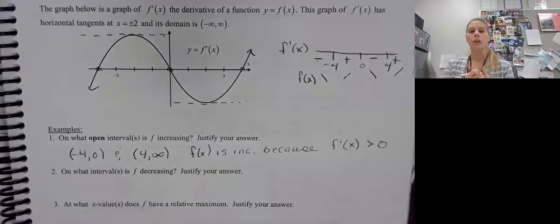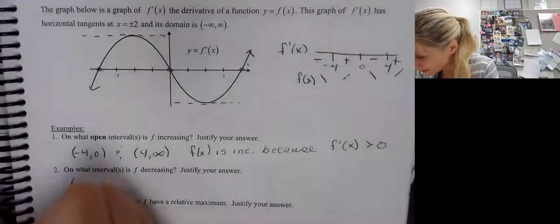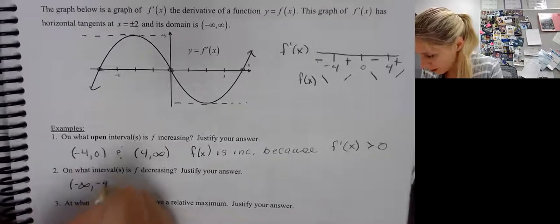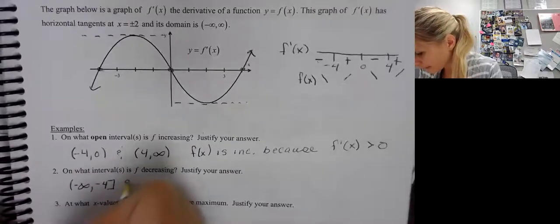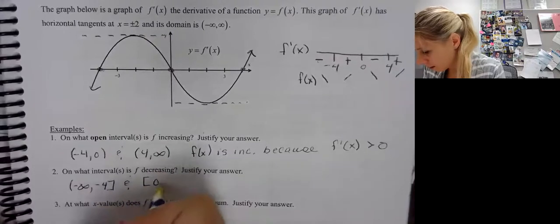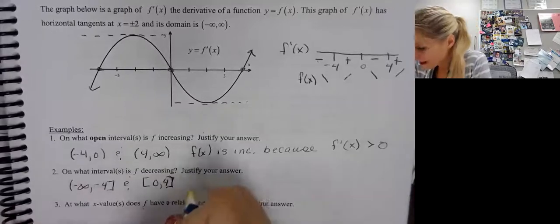On what intervals, now this is no longer open, right? So we're going to use our brackets unless it's an infinity sign, is f decreasing? All right, well, we have negative infinity to -4 and 0 to 4. How do we know this?